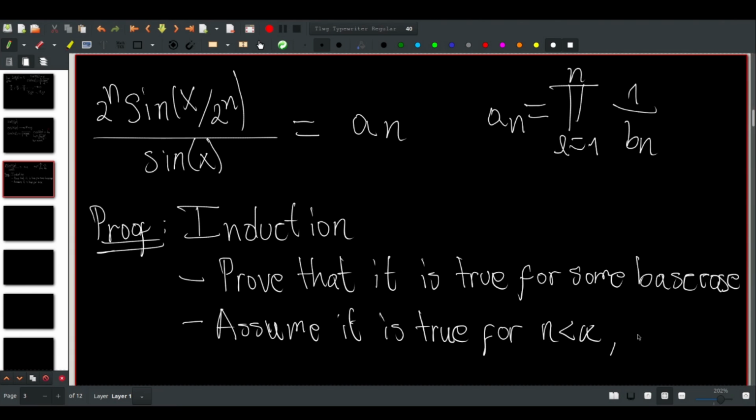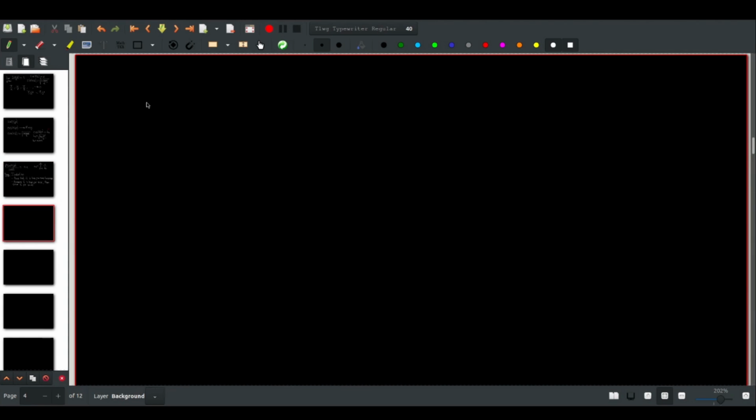And now, given this assumption, given the assumption that it is true for all n smaller than k, we have to then prove it for n equals k. Okay, so let's get to it.